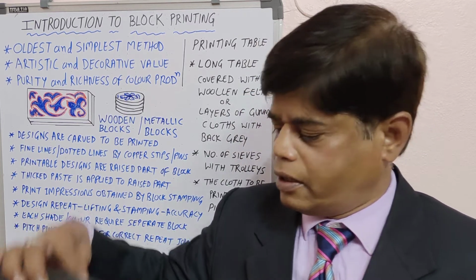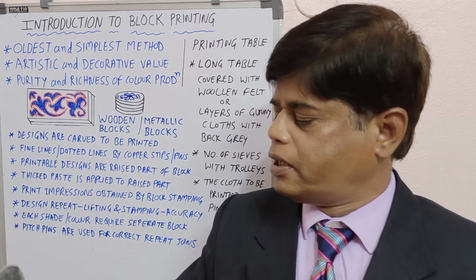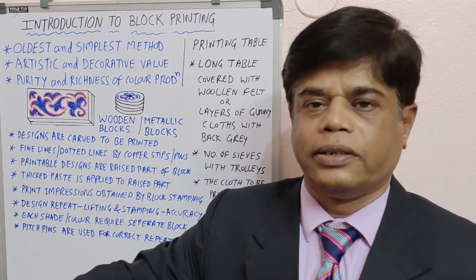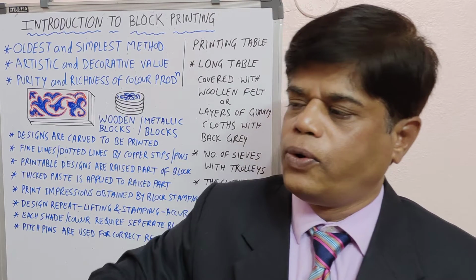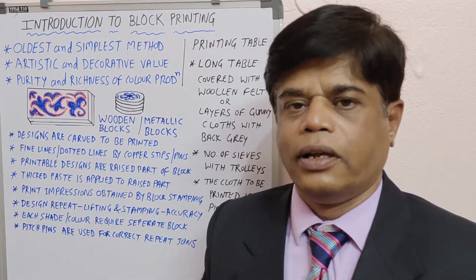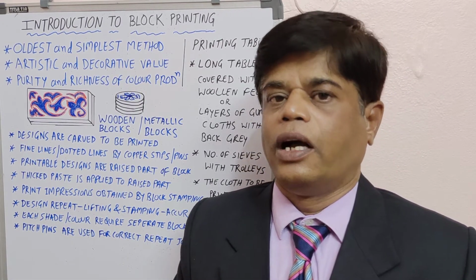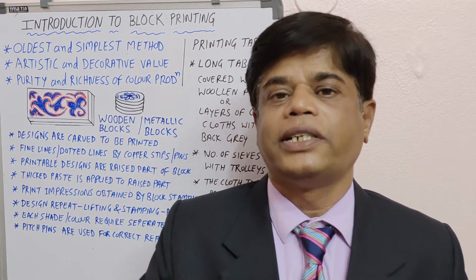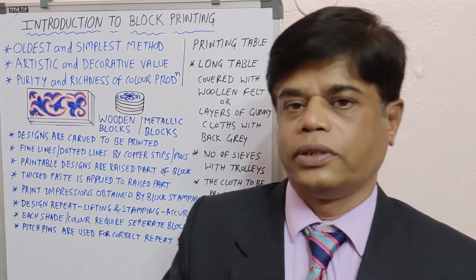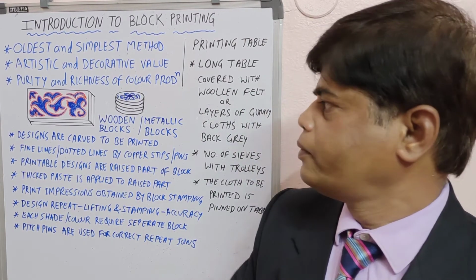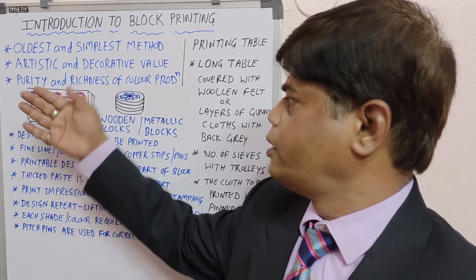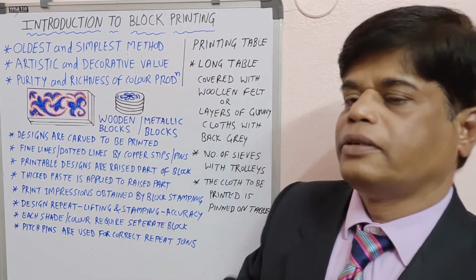Then take it, put the paste of color again, and correctly repeat the size, 1 2 3 4 5 6. So the whole length or whole width, however the pattern and repeat are required. The repetition of the art is the important point of block printing. This is a repeat, print, next print, another print.